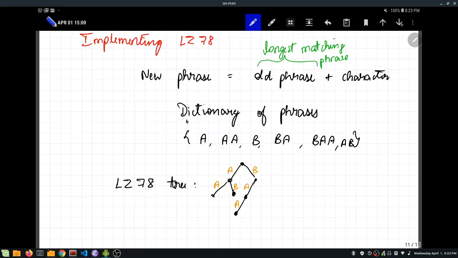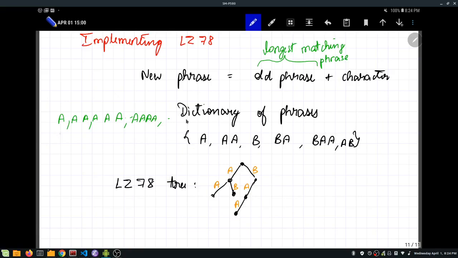And effectively, what is the LZ78 algorithm doing? You're creating, in an online manner, a dictionary of phrases and using that dictionary to encode the next phrase. So suppose that you want to encode, let's take A, the LZ78 encoding would be A. So here we are basically building a dictionary of phrases.